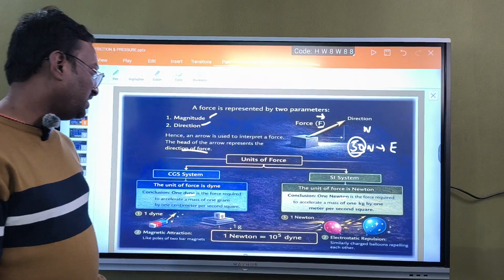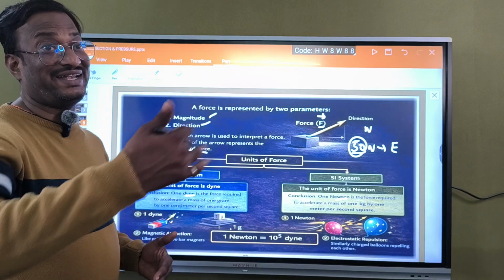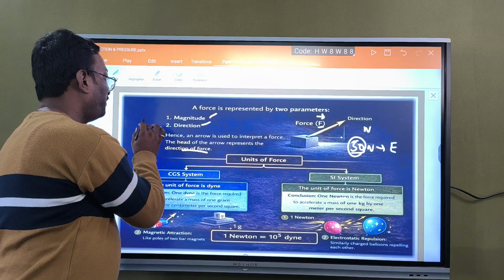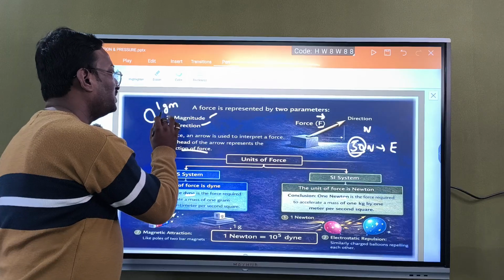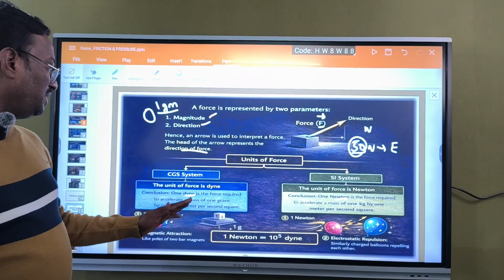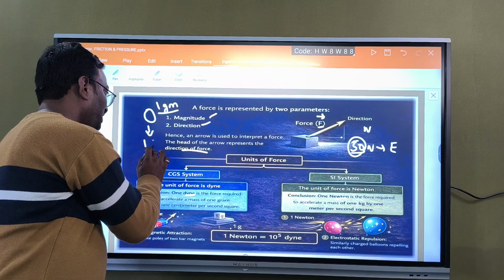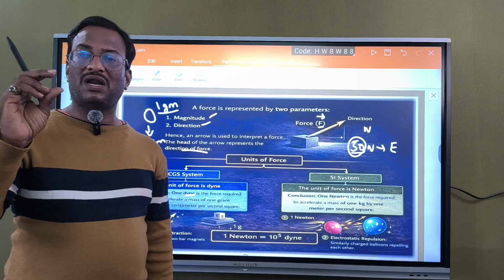Let us define. See, one dyne is the force required to accelerate a mass of 1 gram by 1 centimeter per second squared. Suppose we have taken a body of 1 gram mass.